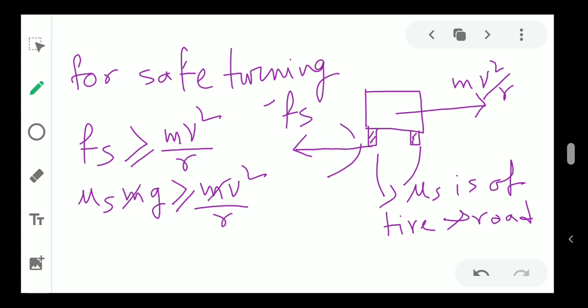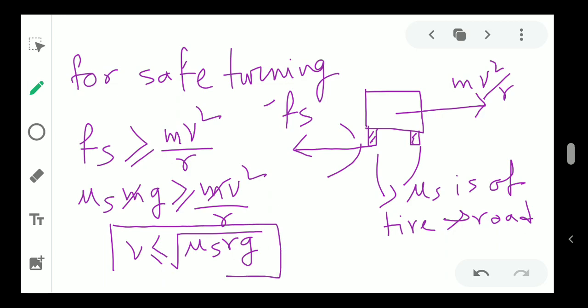If you cancel m, you can see that this v must be less than or equal to the square root of mu s r g. So this is basically the equation which limits the velocity, that means the safe velocity. If you drive with a velocity which is less than root over mu s r g, then you will have a safe journey.